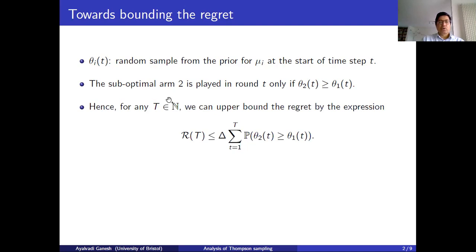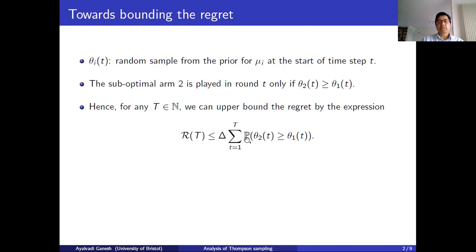So for any capital T, we can upper bound the regret up to time capital T as follows. It's delta times the expected number of times that arm 2 is played up to this time. So we want to add up for little t equals 1 to capital T the expectation that arm 2 is played at time little t. That's an indicator random variable. It's either played or not played.